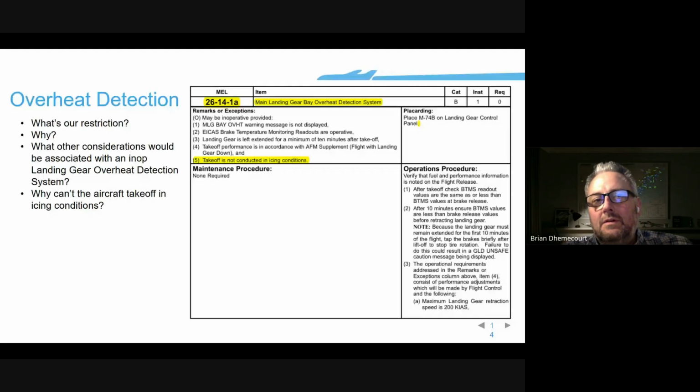So I guess you'd have to watch your speed there in your first 10 minutes. Yep. So we definitely need to ensure that an appropriate speed profile is planned for landing gear extended.